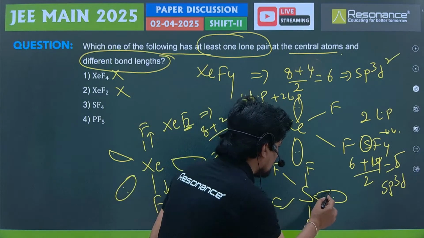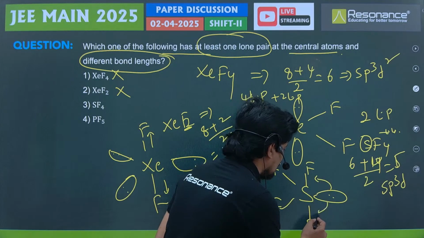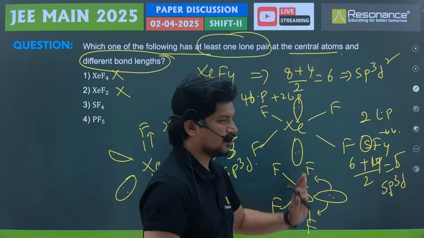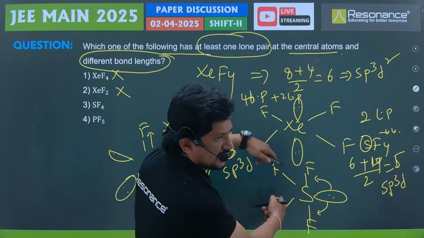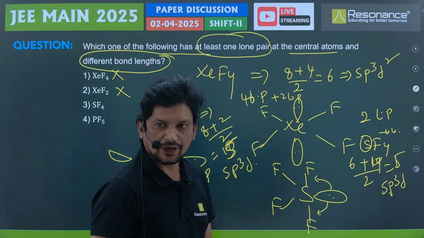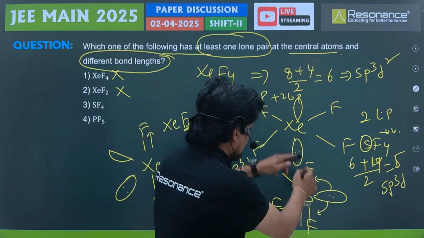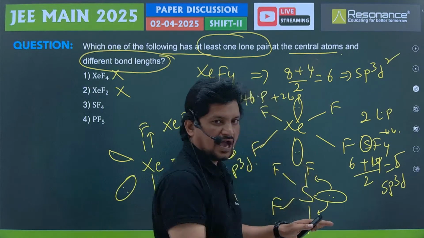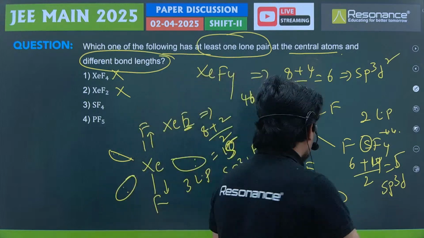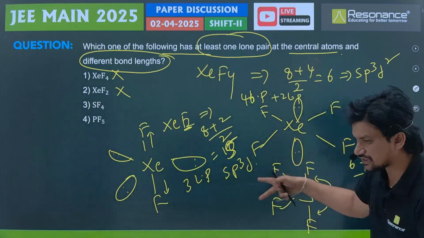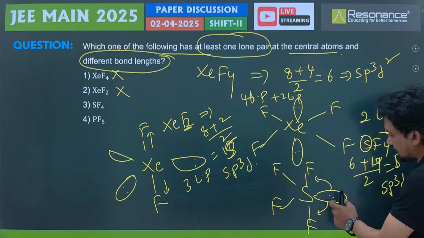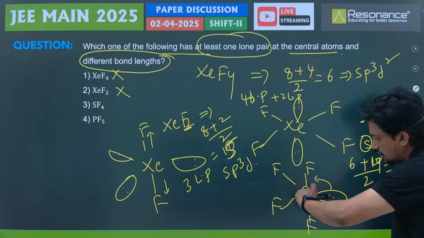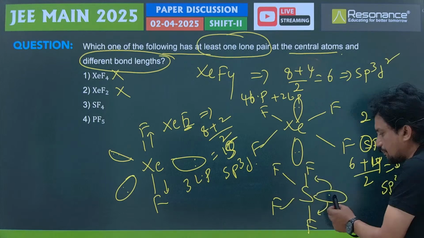These axial bonds have more repulsion from the lone pair electrons. But the equatorial bonds do not have repulsion from the lone pair electrons, so this molecule should have different bond lengths. Axial bond lengths are more and equatorial bond lengths are less, because the axial bond pairs experience repulsion by the lone pair electrons.